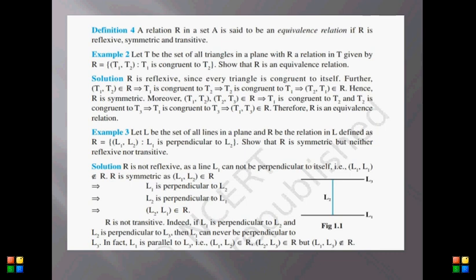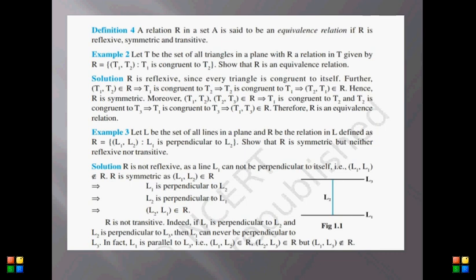Why is R reflexive? Since every triangle is congruent to itself. Further, (T1, T2) belongs to R. It means T1 is congruent to T2. This implies T2 is congruent to T1. So (T2, T1) belongs to R. Hence R is symmetric also.